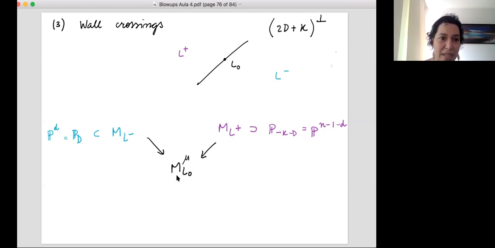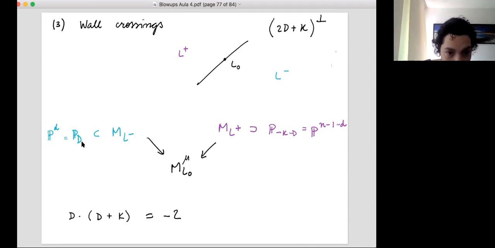And now you see this can be computed again by Riemann-Roch, and what we get is that our D's always satisfy the condition that D intersect D plus K is -2, and this dimension, little d, is just minus D squared, which is always greater or equal than 0. So this is something that we compute.